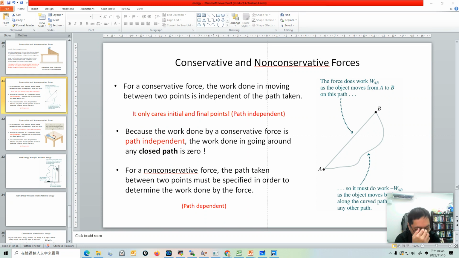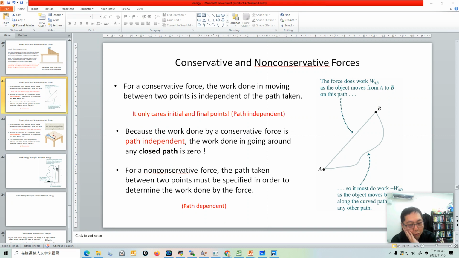It sounds very academic, but we will use a very simple example to demonstrate that the work done by a conservative force is really path independent. First we use the spring force, and then the gravitational force.